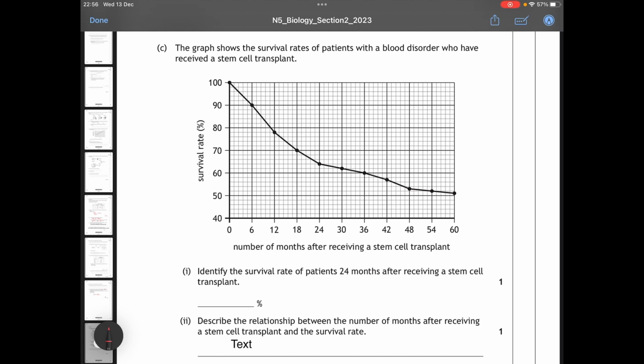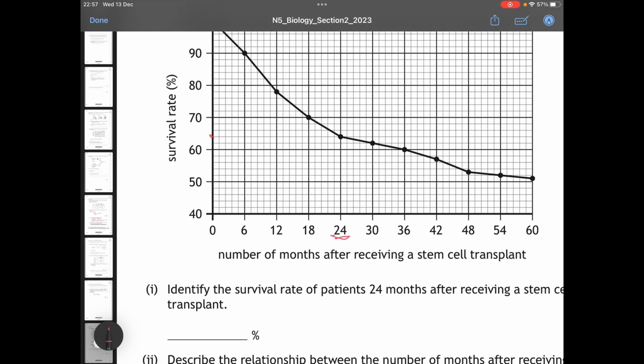Identify the survival rate of patients, it says, 24 months after receiving a stem cell transplant. Okay, so 24 months after receiving a stem cell transplant. So I go to 24 and I go up and I read it across and I get this point here on the graph. Okay, zoom in a little bit so that's clearer.